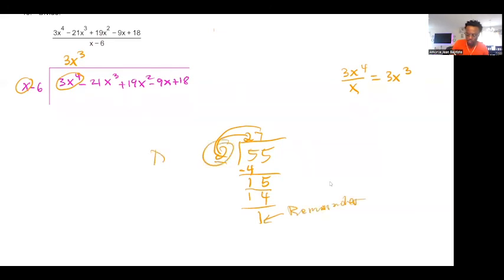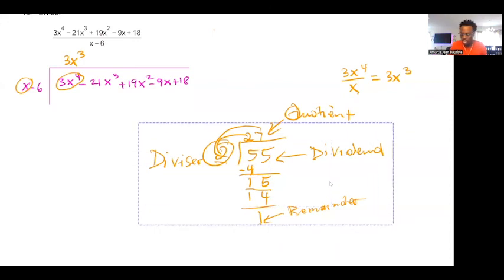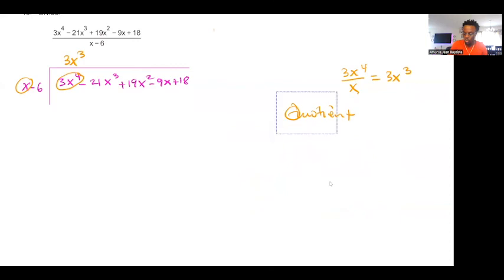This is your divisor. And that's your quotient. And that was your dividend. Now that you have this information, we can use the same techniques to divide polynomials.